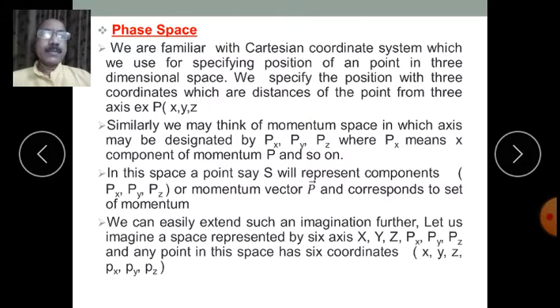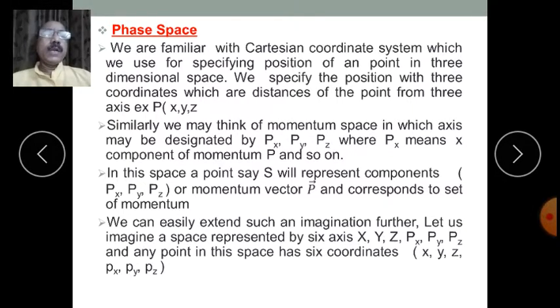It has three coordinates which are components of momentum. So we know the Cartesian coordinate system with which we can represent the position of any object or particle. Then we can imagine a momentum space where we can represent the momentum of a particle in terms of three coordinates which represent the components of momentum.